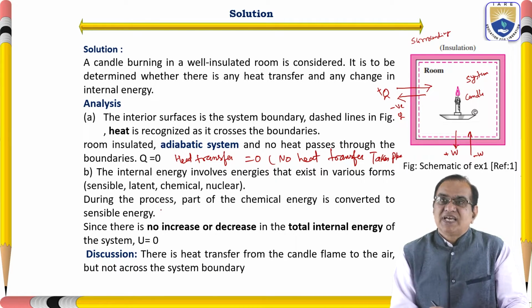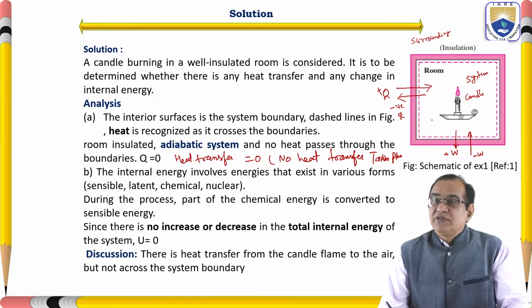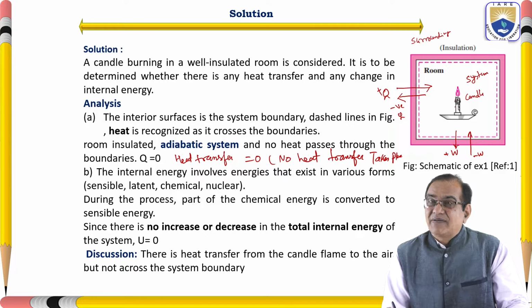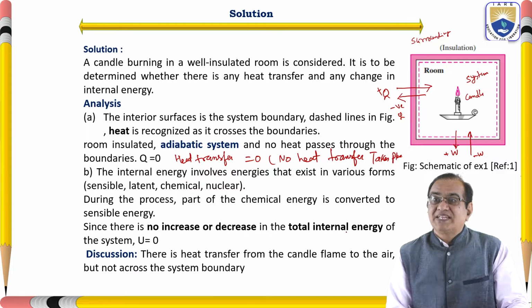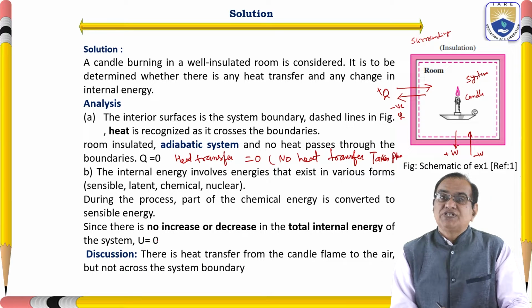During the process, part of the chemical energy, you see here, candle has got some material and this material is burning, and this material is made of some chemical components, and this chemical component is converting to sensible energy. Since there is no increase or decrease in the total internal energy of the system, so delta U is equal to 0.